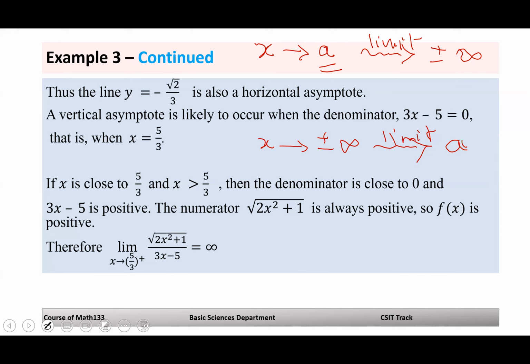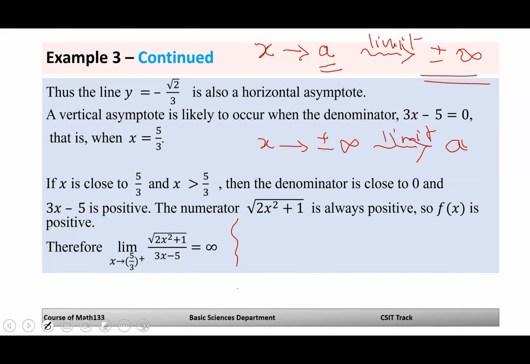In general, take the denominator equal to 0. This will not necessarily give a vertical asymptote every time, but it's a candidate for the vertical asymptote, and you need to confirm that this candidate is a vertical asymptote by finding that the limit is plus or minus infinity.